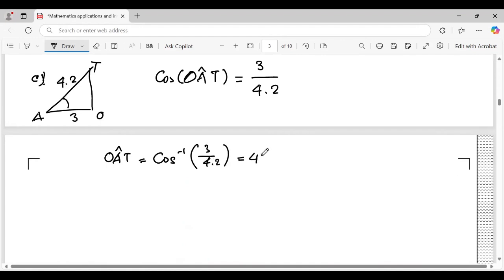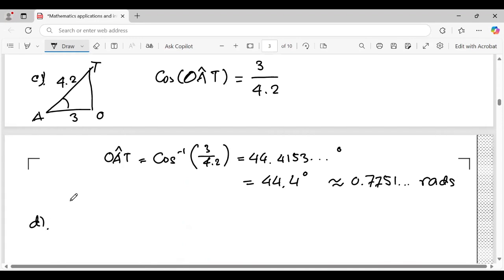This is 44.4153 degrees, or 44.4 degrees. And if you convert to radians, it is 0.7751 radians.